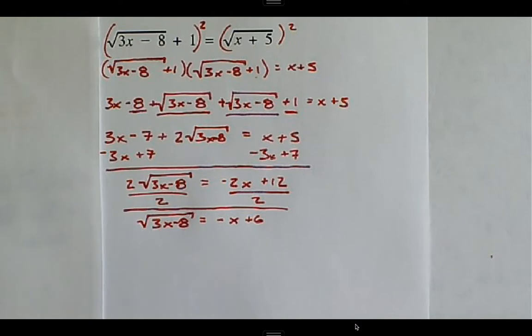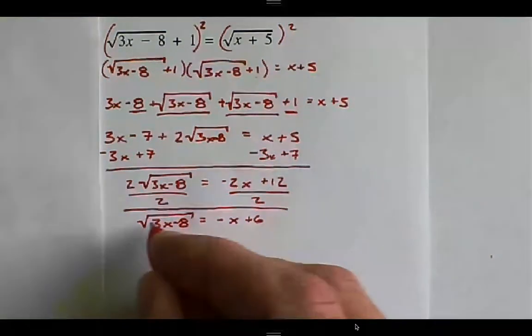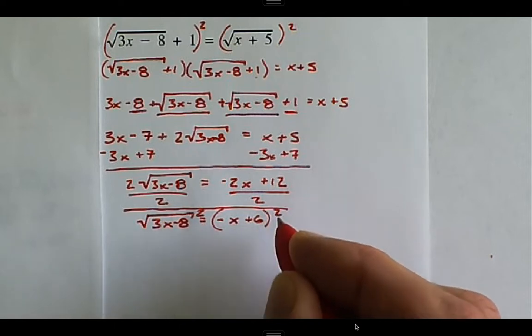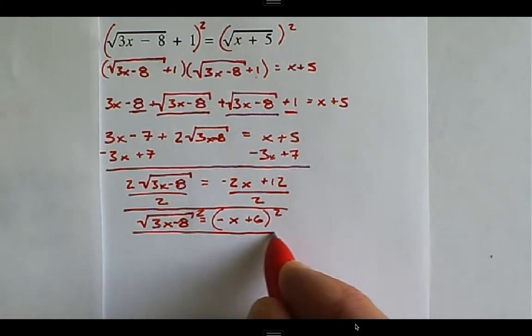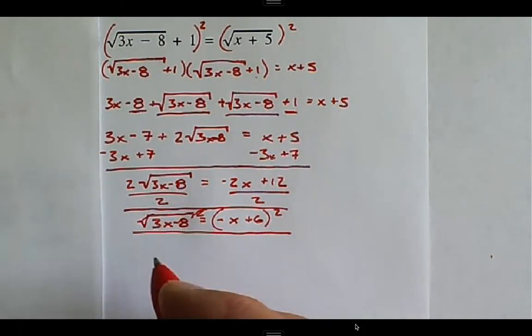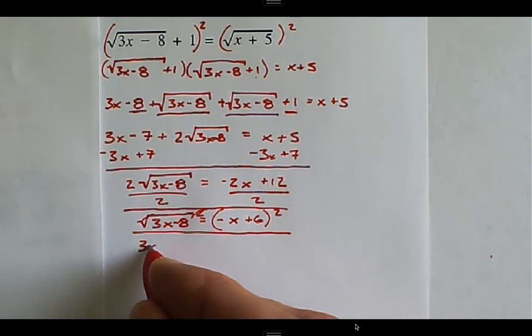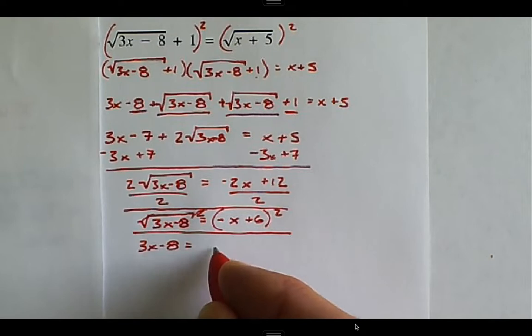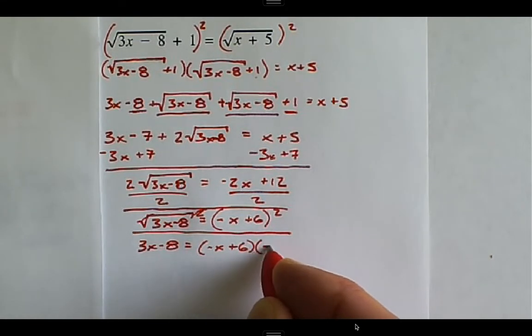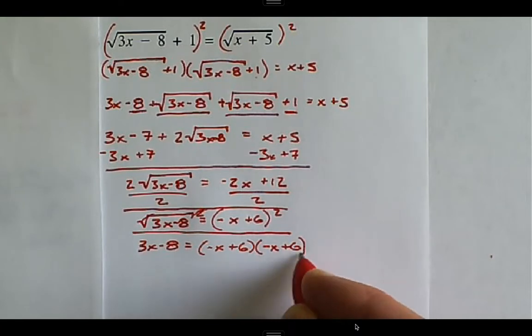Now we need to get rid of this radical. So the inverse of the square root is if we square it. So the square cancels the radical. And we get 3x minus 8 is equal to negative x plus 6 times negative x plus 6.